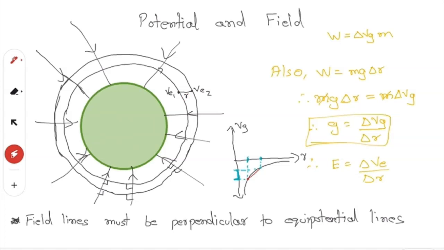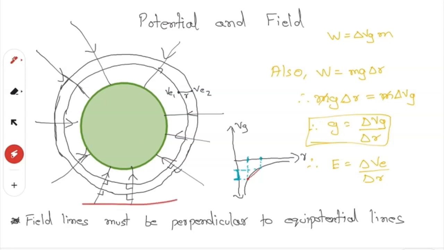But we know that the further away you get from a planet or mass, the acceleration due to gravity should actually decrease. So this value is really just an average. And a more accurate way would be to use calculus to figure out the exact value of g at a certain point.